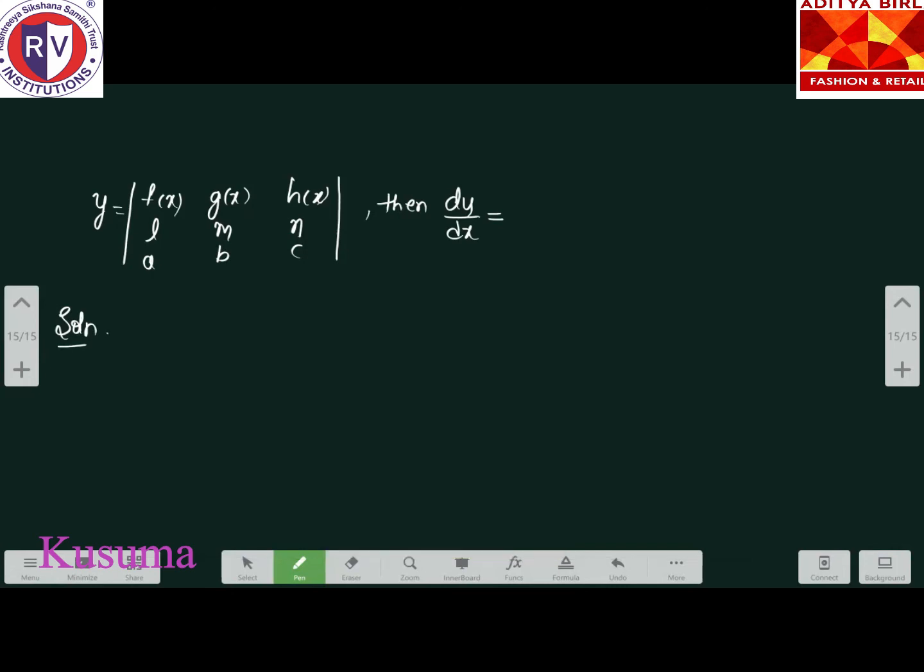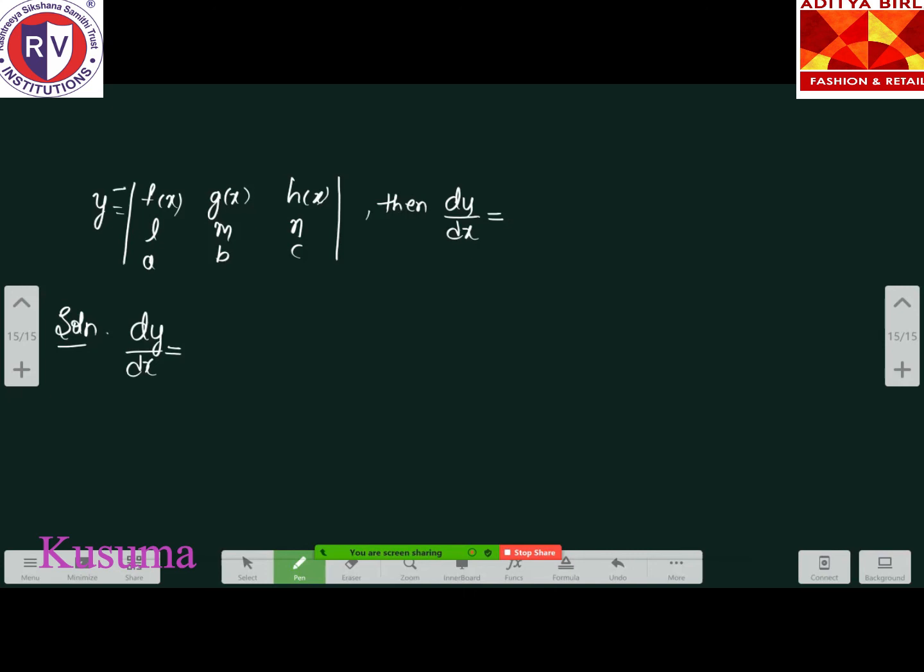Okay. So how do you differentiate a determinant? How can we differentiate a determinant? So the differentiation of determinants will be like this.